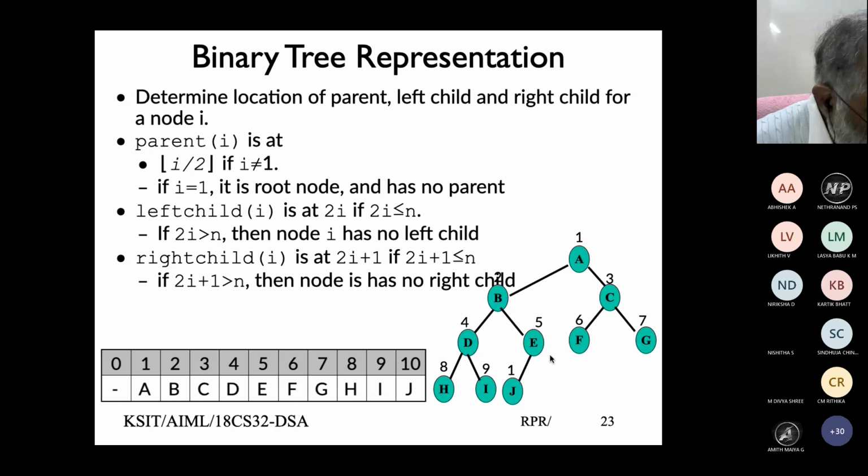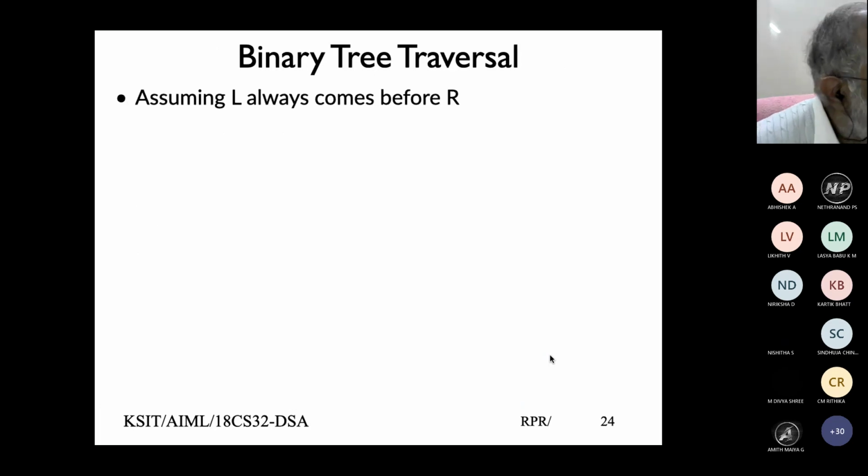Then we looked at the traversals, and we defined three kinds of traversals. So we said either we can visit the left subtree, we can visit the right subtree, or visit the node. Visit the node basically means process the information element, and with the assumption that visiting the left subtree would always precede visiting the right subtree, there are only three combinations possible.